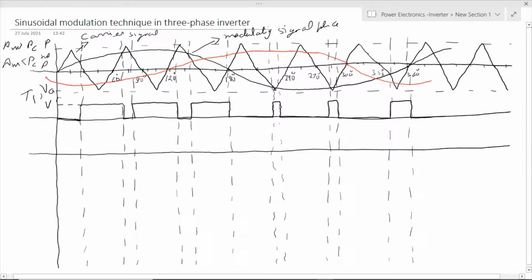So this is your modulating signal for phase B. It means the modulating signal of this phase B will be compared to your carrier signal and generate pulses for your T3 switch. So for that, let us draw the intersection points of the modulating signal and the carrier signal.